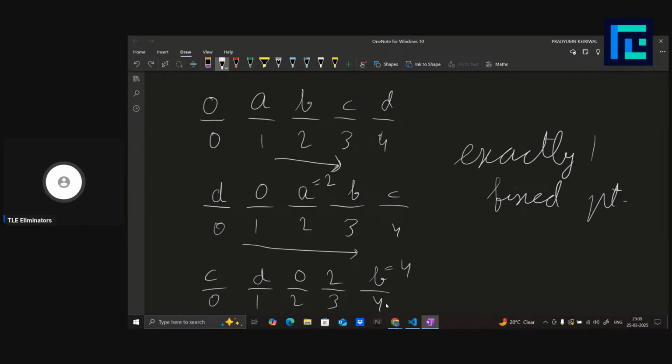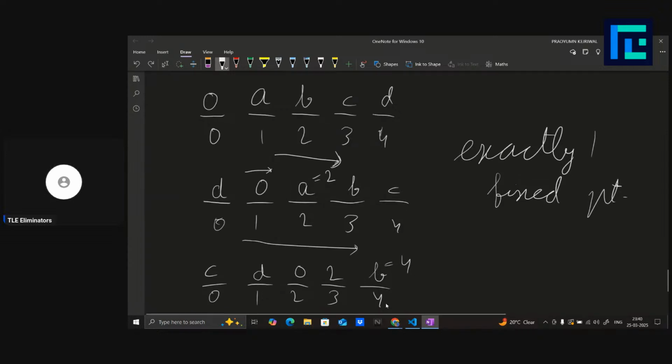When we are shifting this array to the right, 0 can never reach this index again. 0 has already moved forward, and it will reach up to here only. If it reaches back here, then it is the same permutation as the starting one, right? So it can never happen that 0 is a fixed point ever again in our permutation. So at each step we are ensuring that whichever element we choose to be a fixed point, it will not be a fixed point in any other permutation. That's why we'll have exactly one fixed point in each of the combinations, right?